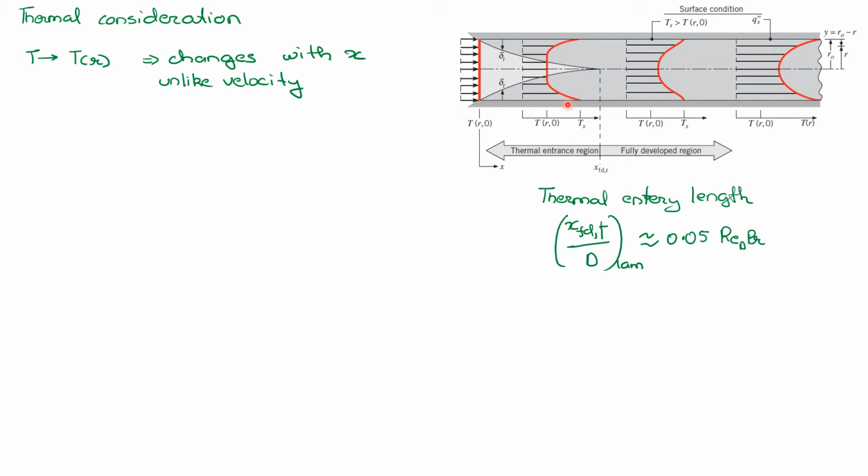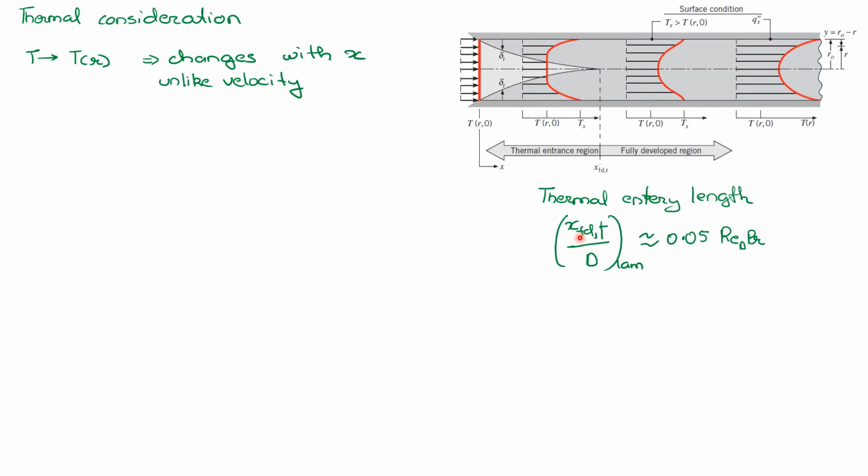So in this particular scenario, let's say that we have the same pipe, and the pipe is at a surface temperature of Ts, which is greater than the fluid temperature. And we may also have another condition, which is that we may have a constant heat flux. So these two represent two different conditions, which we will see how we can apply in our equations.